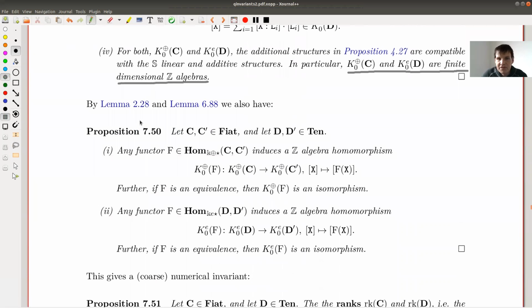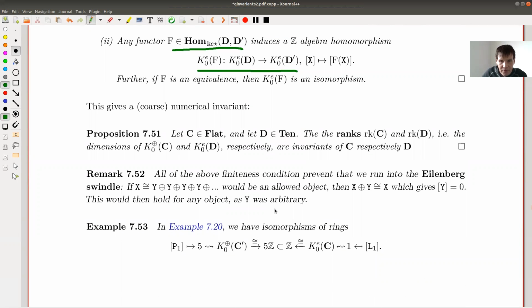This is nice, and it of course gets better. Any functor between those defines an algebra homomorphism on the Grothendieck group. So it's as good as it could be. Everything just works out.